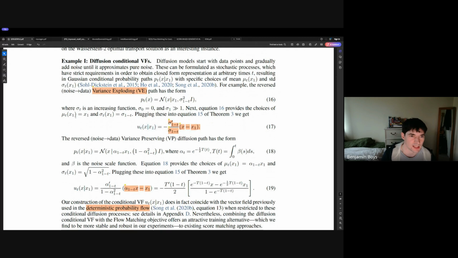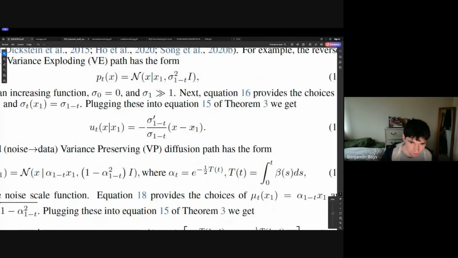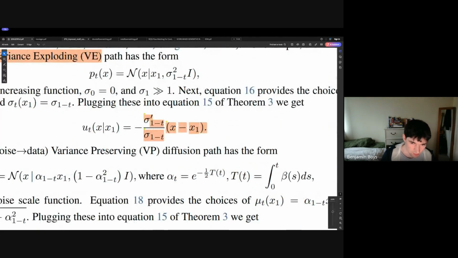Now, for this particular parameterization, or this choice of forward diffusion, the variance exploding path, flow matching and score matching are equivalent, because you can see here x minus x1. Well, x1 is the sample from the data distribution, and x is the sample from the data distribution plus noise. So x minus x1 must be noise.